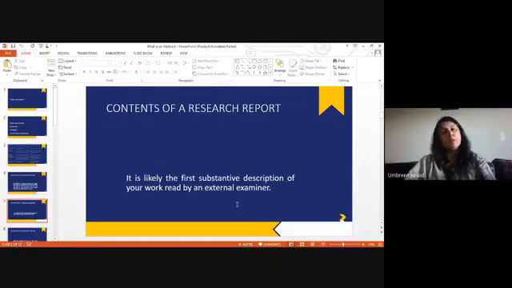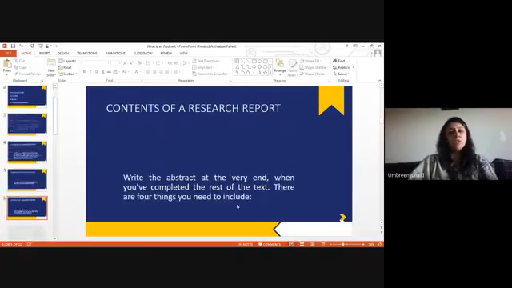So what will the external examiner do? He or she will read the abstract first. This is the first substantive description of your work, and that is why this document is very, very important.